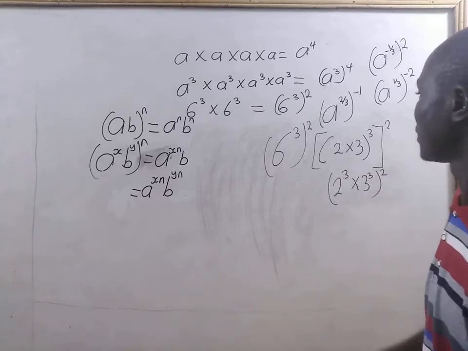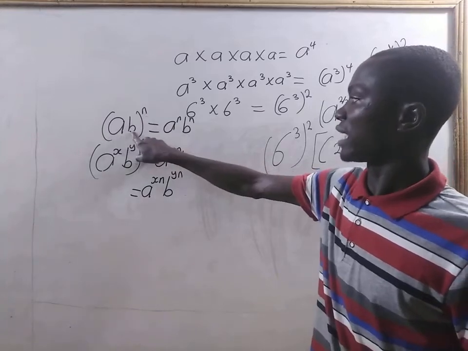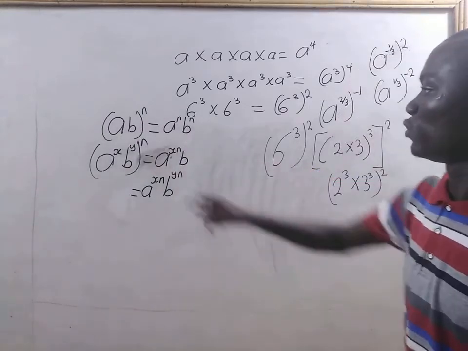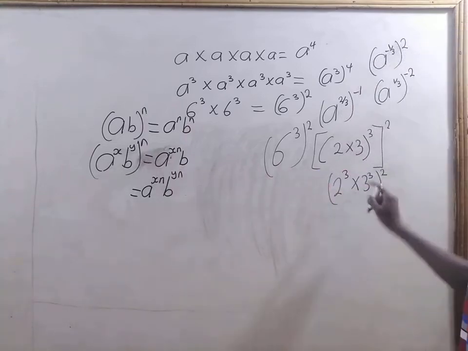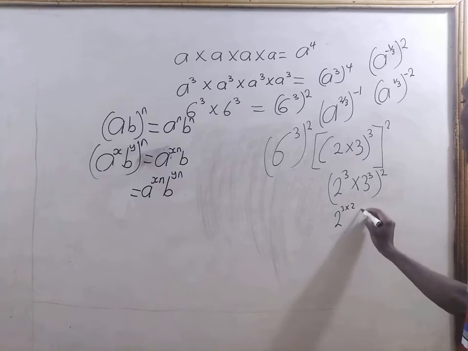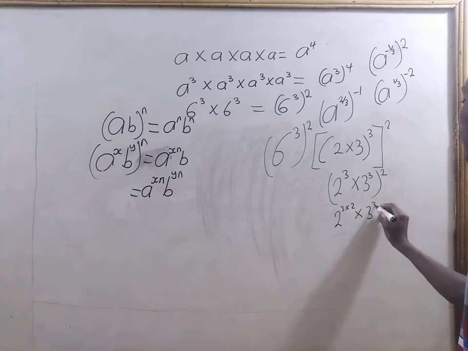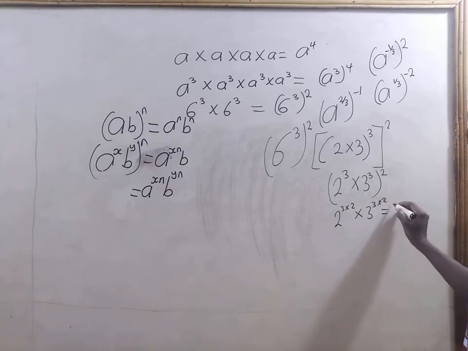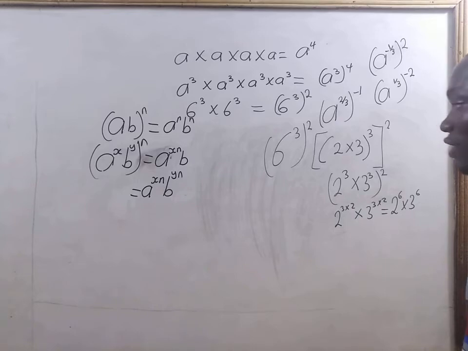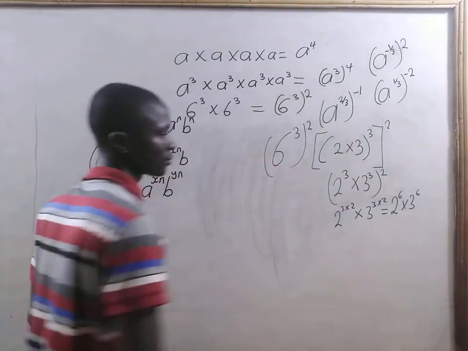That is from here, A times B, A power n, B power n. And we move to here. So this will give us 2 power 3 times 2 times 3 power 3 times 2. And that will give us 2 power 6 times 3 power 6. Wow. Very, very simple as that.